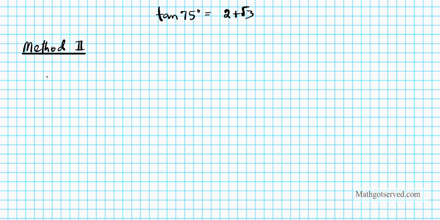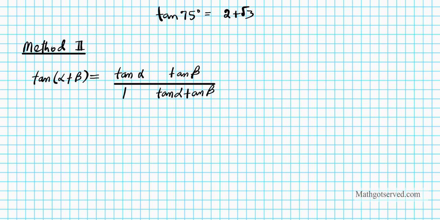The sum identity for tan is tan of alpha plus beta equals tan alpha plus tan beta over 1 minus tan alpha tan beta. Let's go ahead and resolve the signs. So basically we know that the sign on the top is the same as the sign here, and the sign on the bottom is the opposite. So that's the formula for the sum identity for tan.